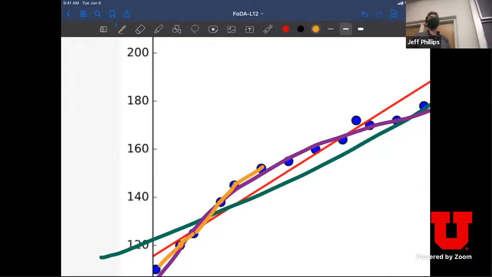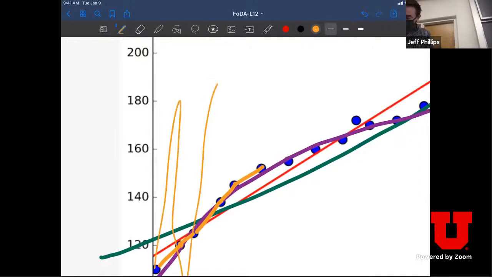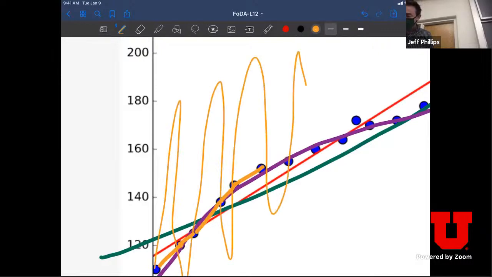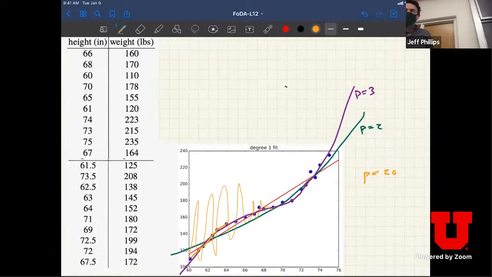This is not how it's going to look. If you haven't seen this before, you might be surprised. It might do something weird like that. It'll go through all the points, but what it does in between will be weird. So this might be p equals 20.